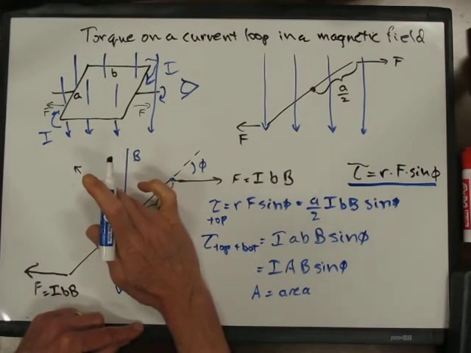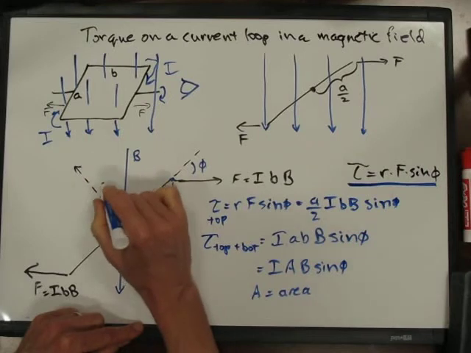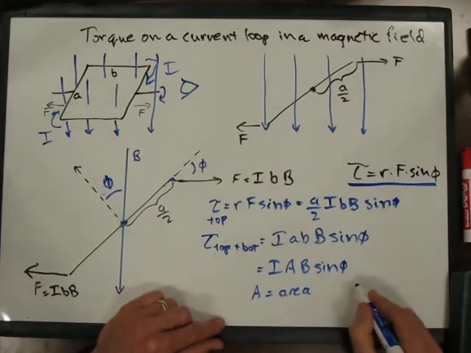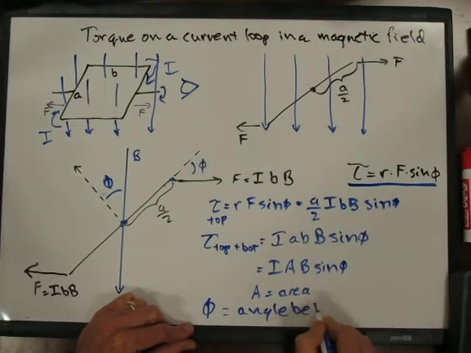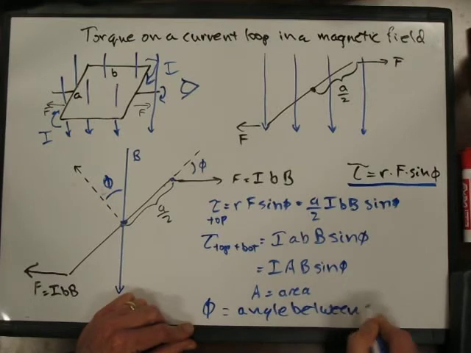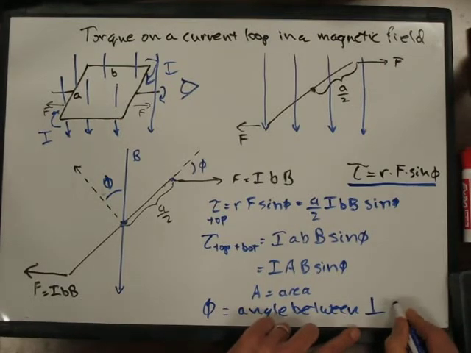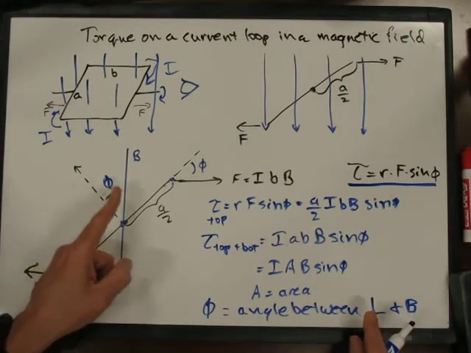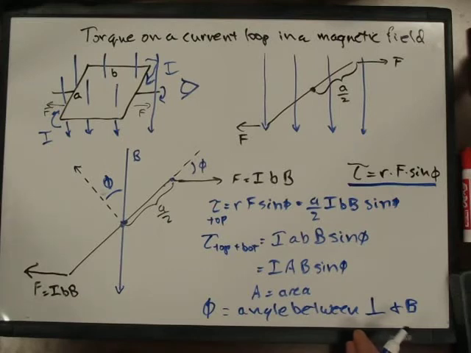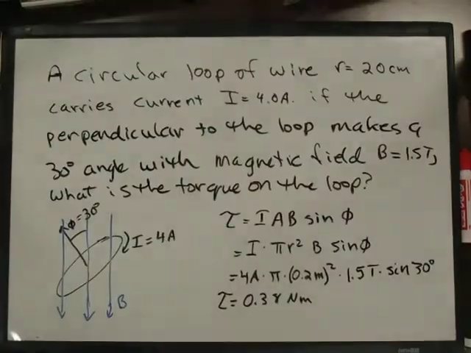You can do a little geometry and convince yourself. It's the angle between the perpendicular to the loop and the magnetic field. And so that's how you calculate the torque on a loop. I'll do an example here in a second.